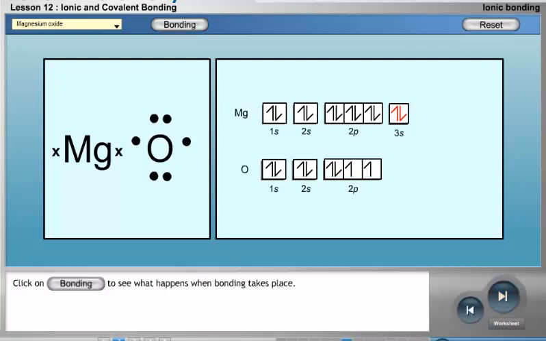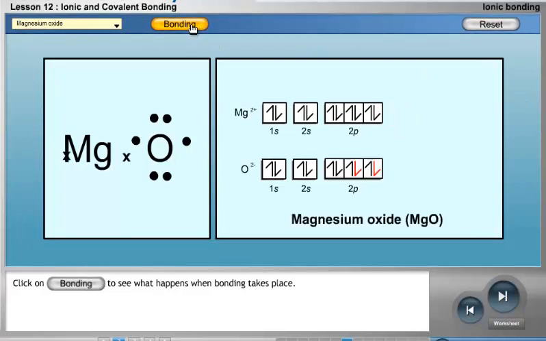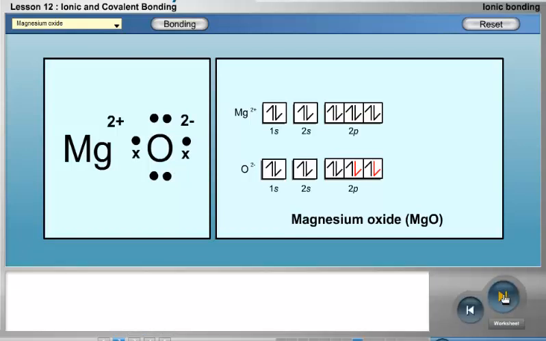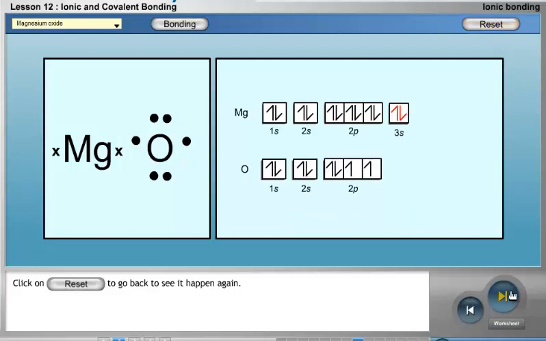Click on bonding to see what happens when bonding takes place. Click on reset to go back to see it happen again. Describe what happens when magnesium and oxygen combine.